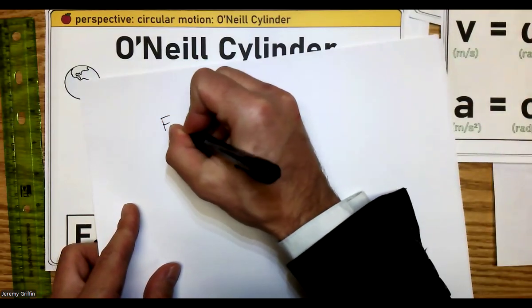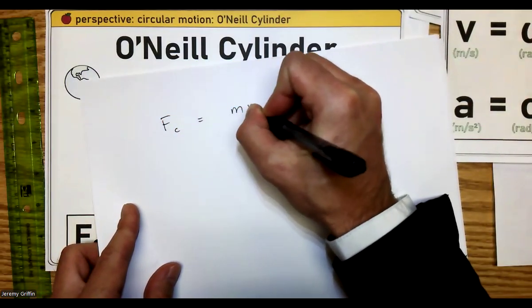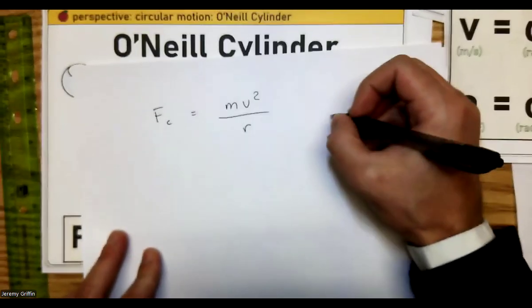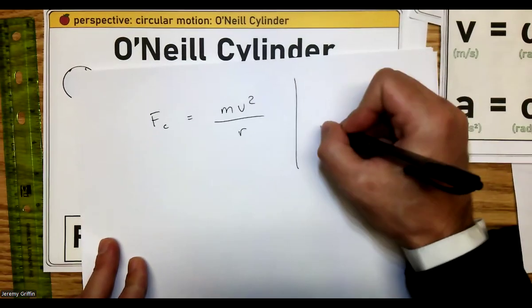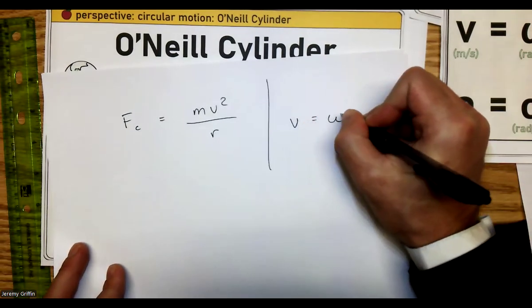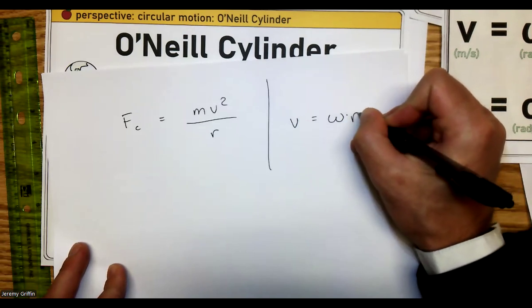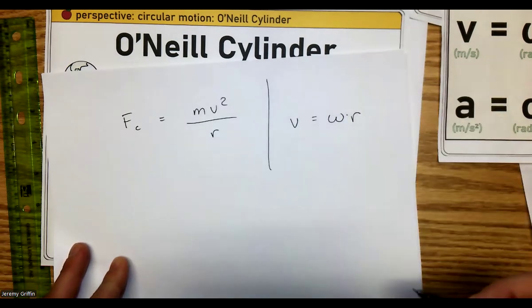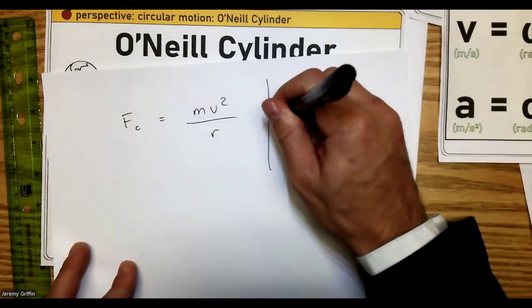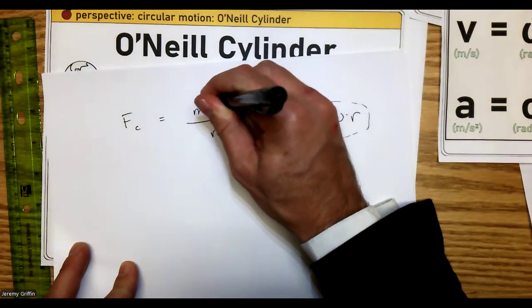Let's do centripetal force equals mv squared over r. But you also know that tangential velocity is equal to angular velocity times your radial location from the center. So take that and substitute it right there.